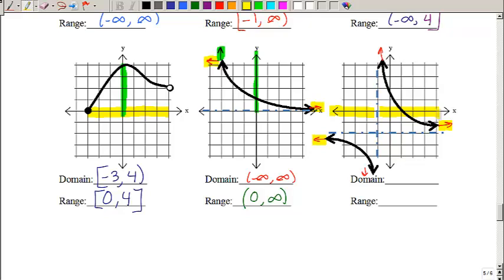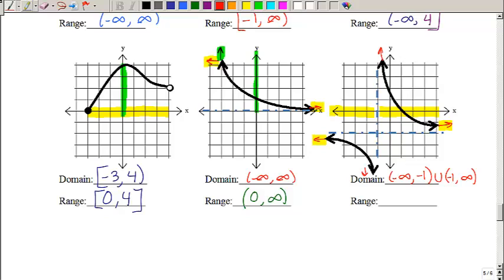The definition of an asymptote says my graph gets infinitely close to it, but not crosses it. My domain would be negative infinity all the way up until -1, not including -1, union all the values from -1 to infinity. This means all real numbers except -1. Let's make that a -1 right there.